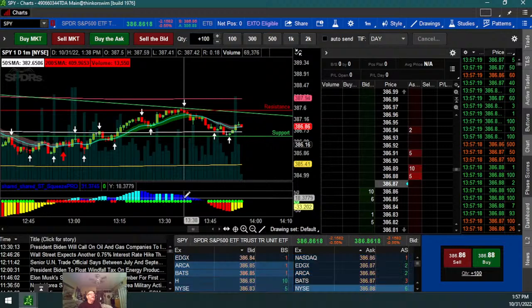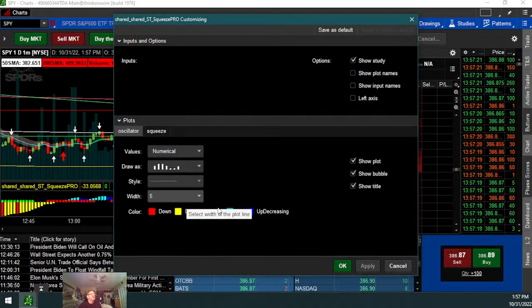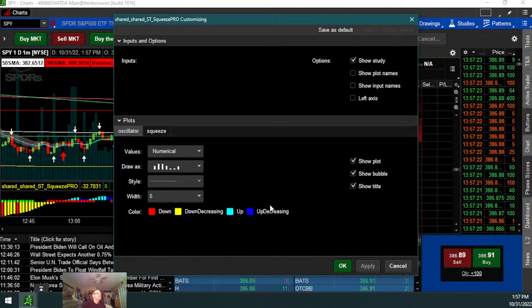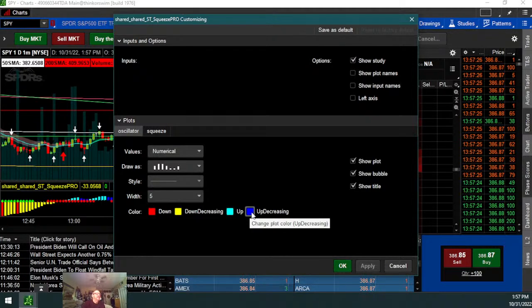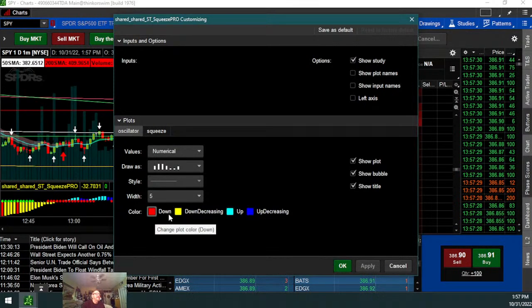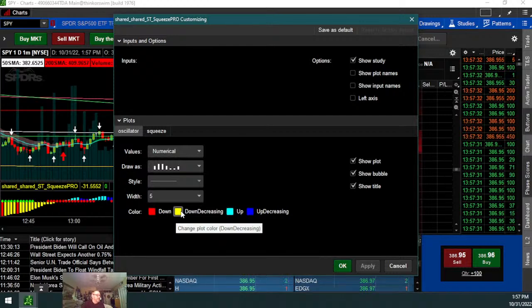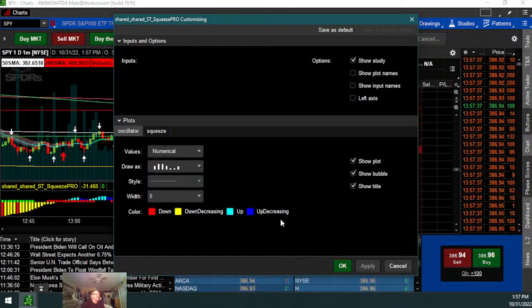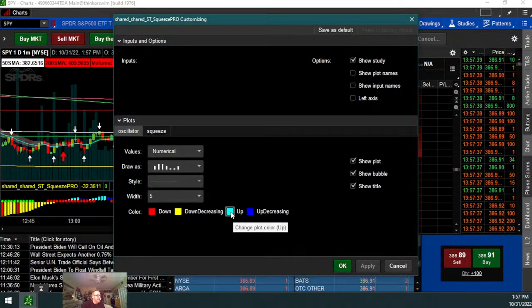This shows pink, and I don't know why, but you can change it in here. Here's up, decreasing, up, decreasing, down, decreasing. You can reset colors, so I can make them the same as my other computer. But as long as you understand what those colors mean.